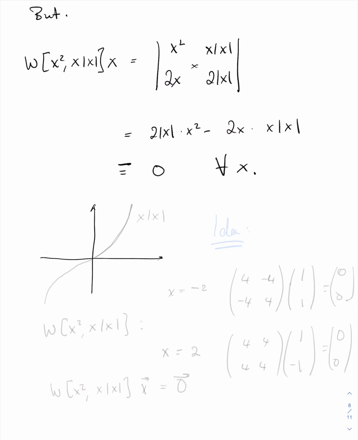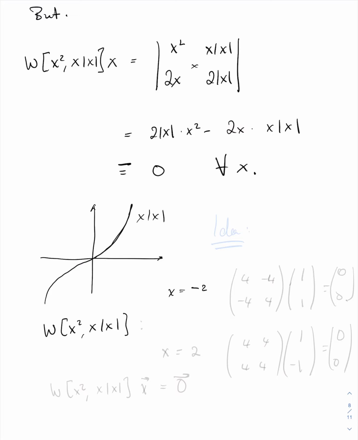You might have a little bit of trouble imagining why this might be so. So I'm just going to give you a little bit of an idea. This is what it might look like. And I'll tell you what happens to this Wronskian at x equal to -2.